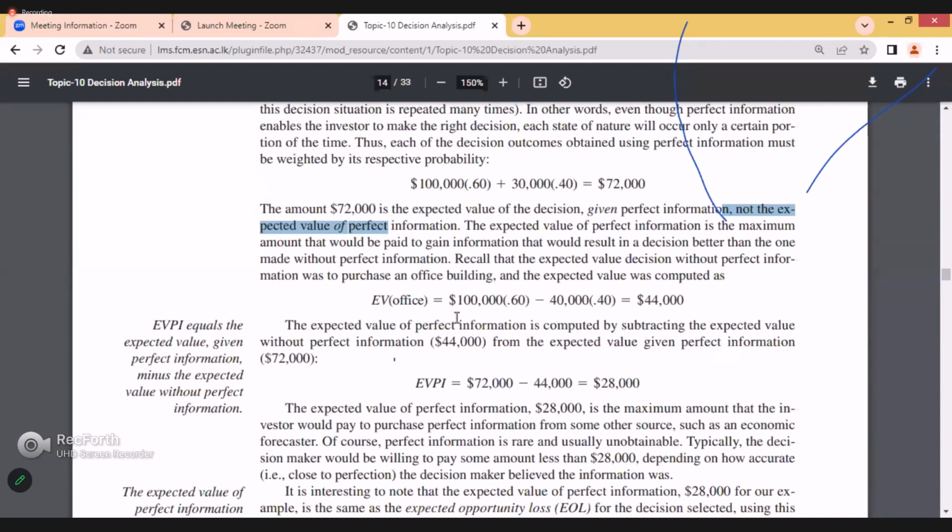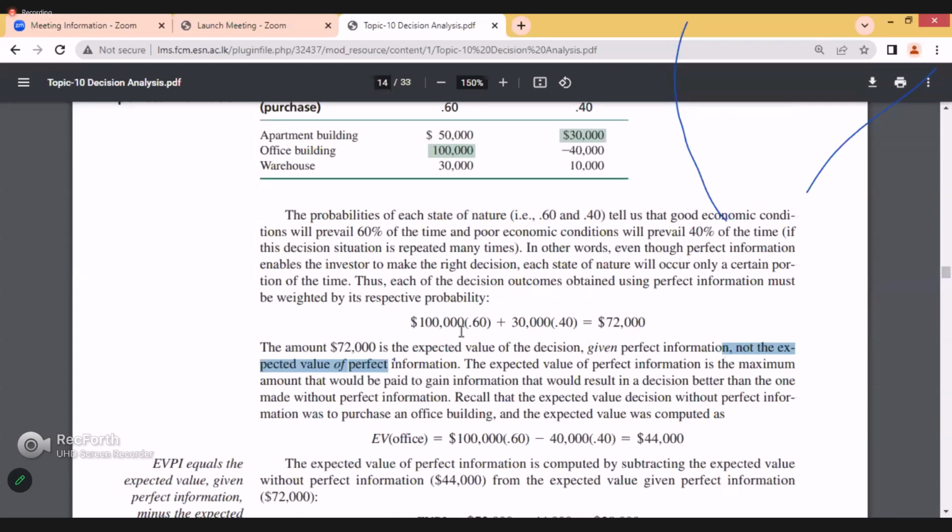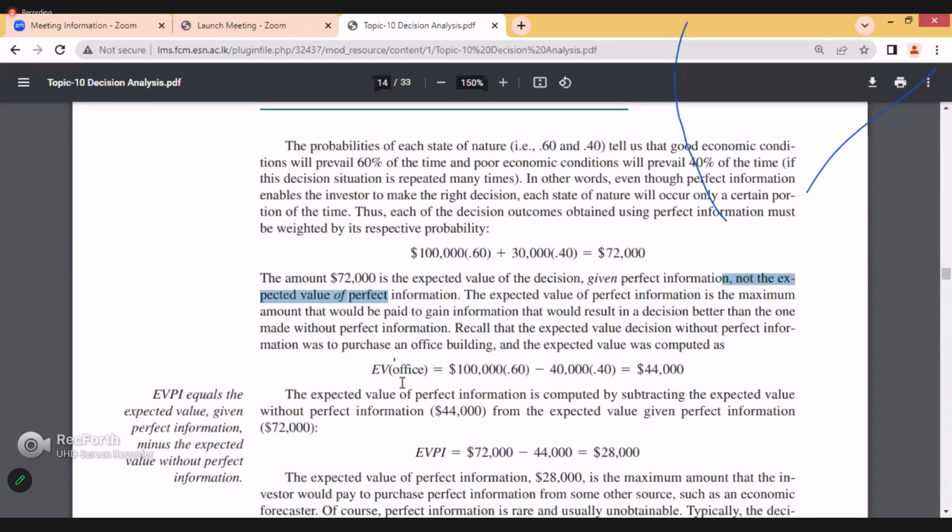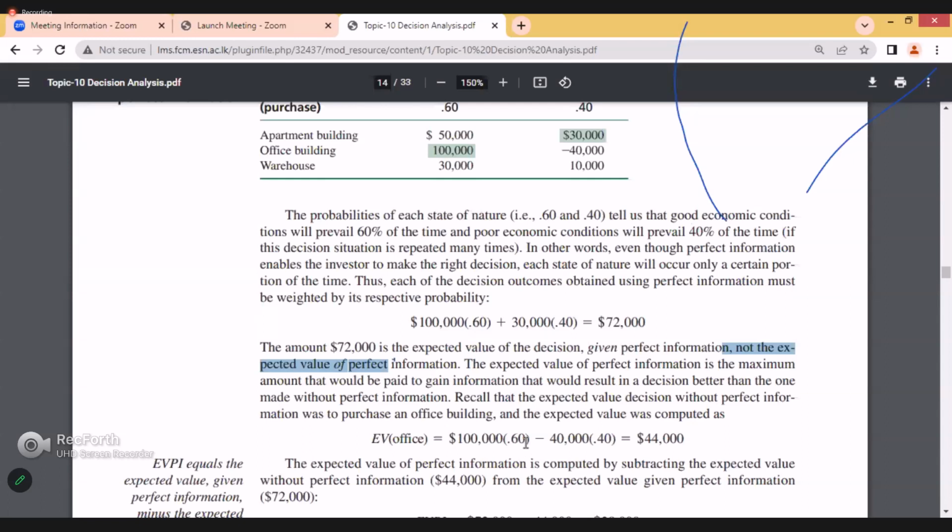For that, this is for apartment buildings. Here, you see, it's a combined. So if it is for office one, with this last one and 40,000.